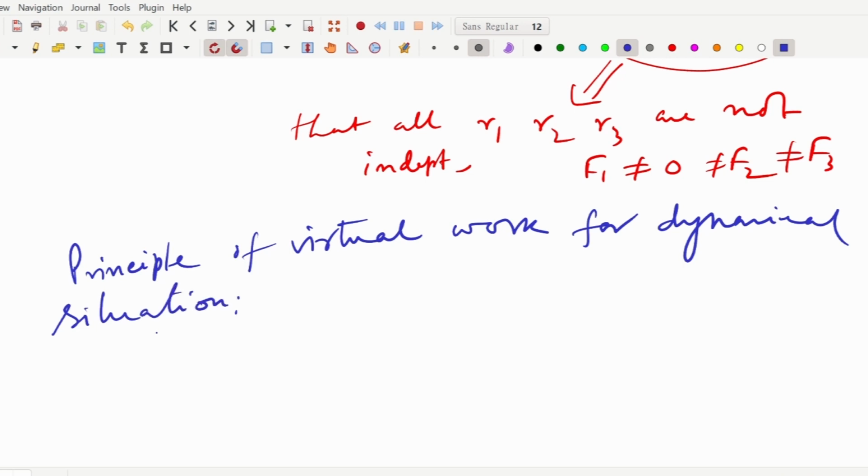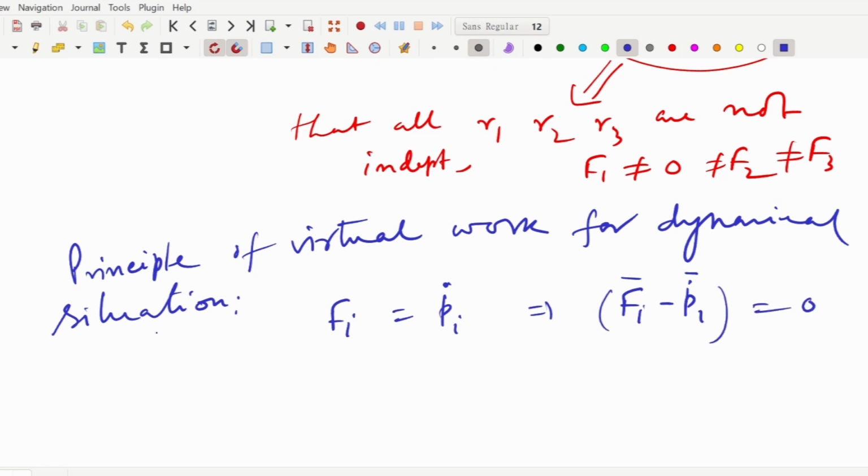For the dynamical situation, your Fi is basically the rate of change of momentum, Pi dot. So we can think of Fi minus Pi dot as the force in the case of static equilibrium.